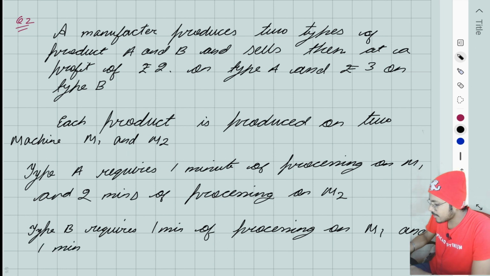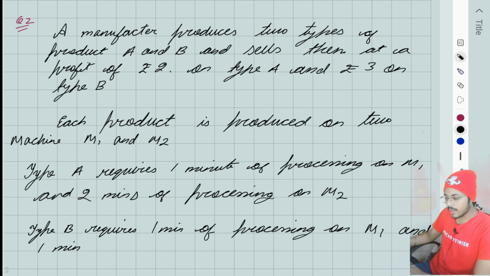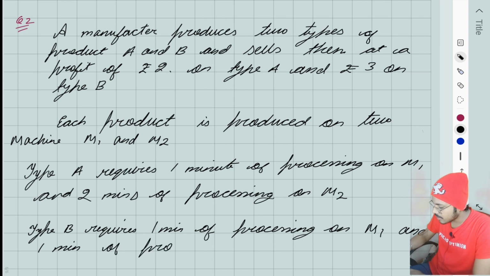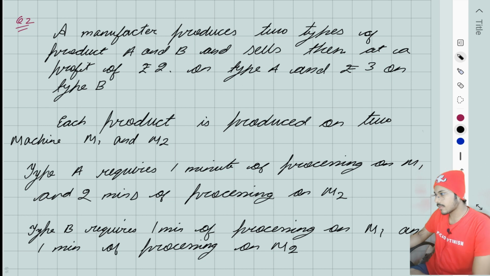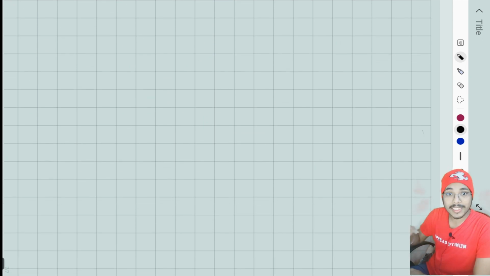Repeat this line again. So, 1 minute of processing on M1 and 1 minute of processing on M2. So now the constraints come.